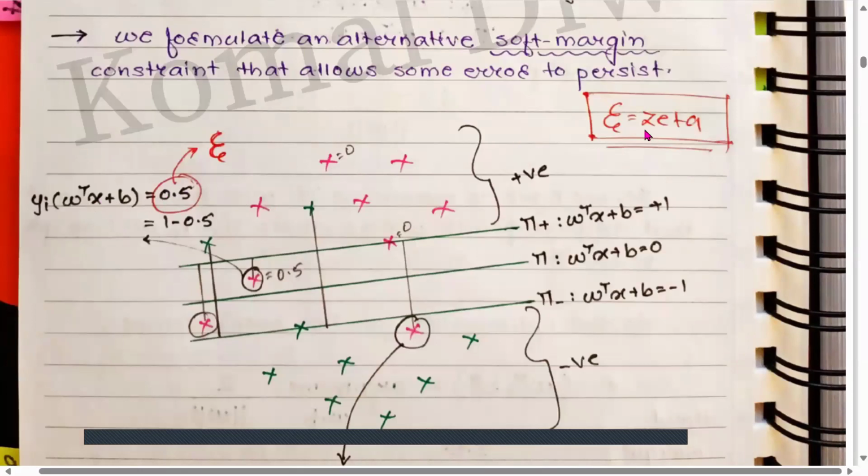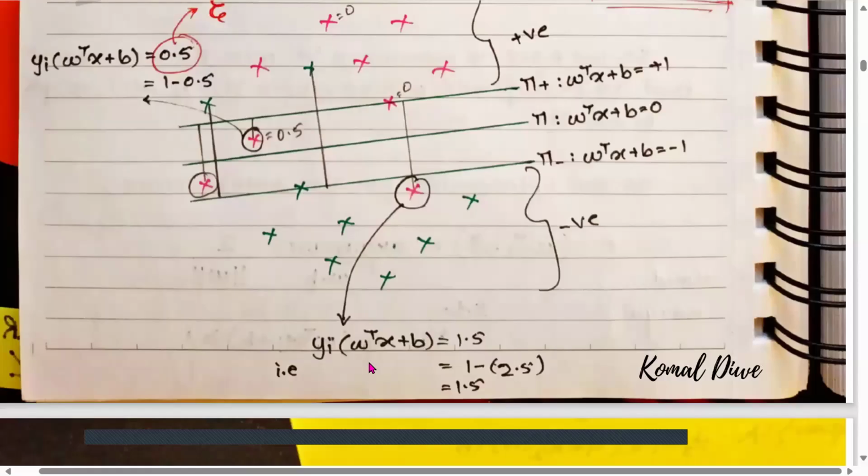Here we are taking zeta. This is called zeta; it is the symbol zeta. This is the equation where we take the distance of these points from this line, equal to 0.5, and this other value, 1.5.